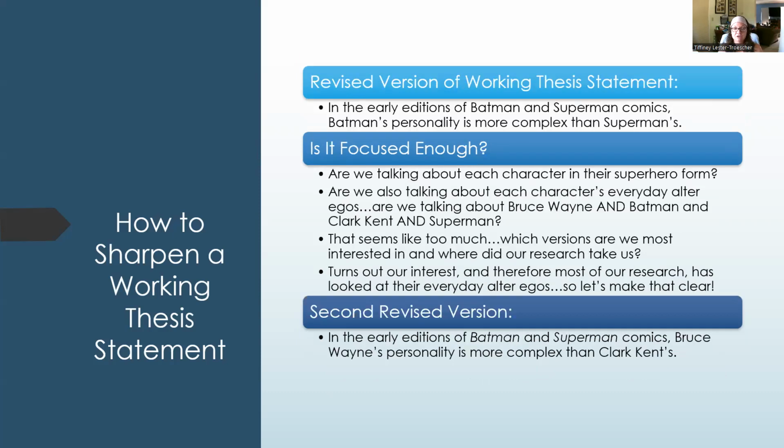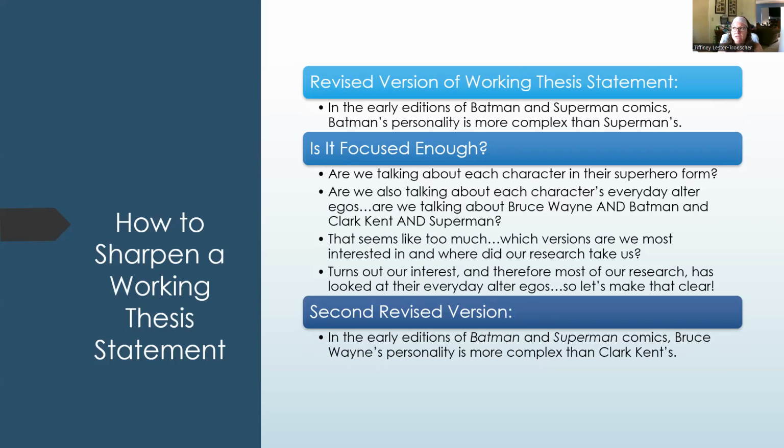But Batman and Superman, each of those also has an alter ego, right? Batman is Bruce Wayne, Superman is Clark Kent. Am I going to be talking about every version of this character? No, I know that I'm not even looking at Batman and Superman. I used those words in my thesis statement because they're even more recognizable than Bruce Wayne and Clark Kent.